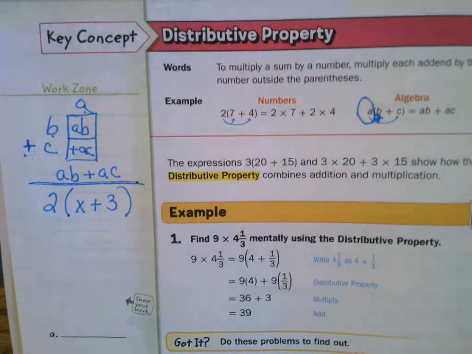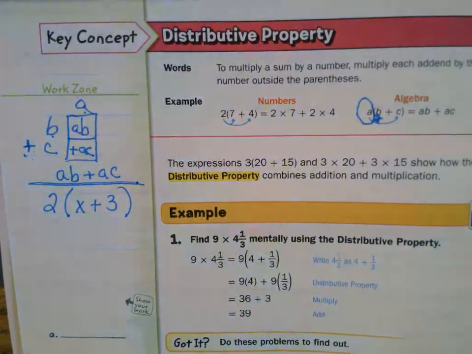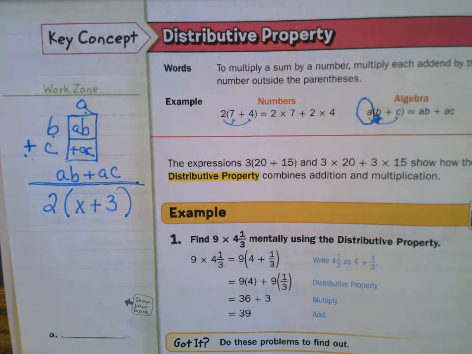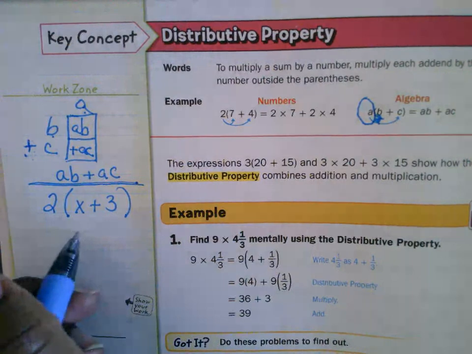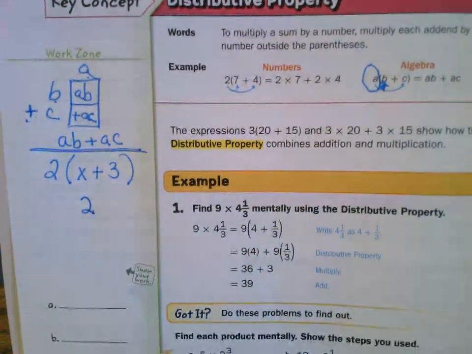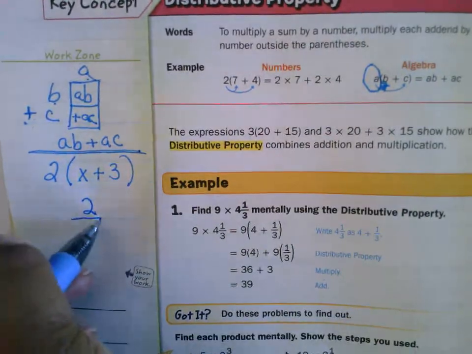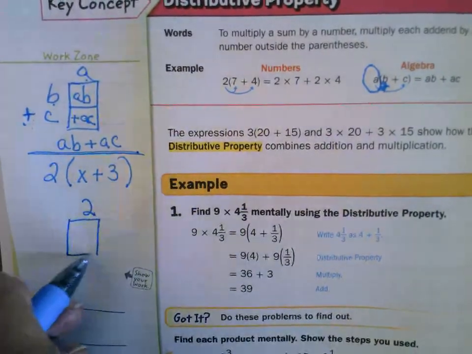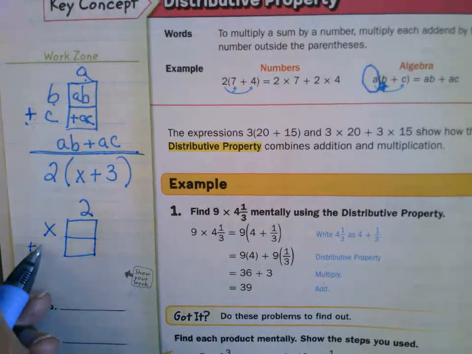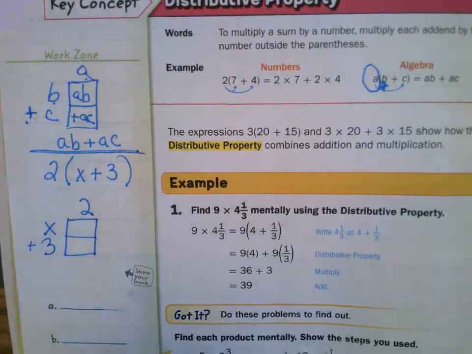Using the same method, we're going to create a box, a rectangular array. 2 is going to go at the top of the box. On the side of the box will be x and a positive 3.